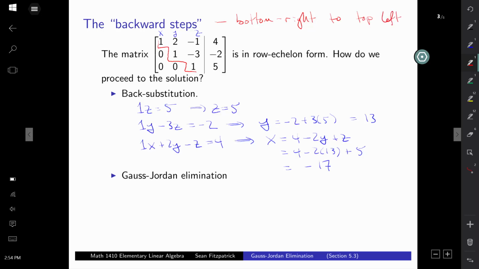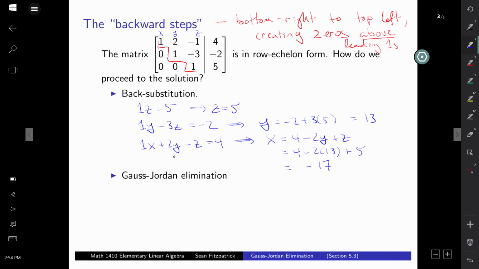We go in the opposite direction. But this time, instead of creating zeros below our leading ones, we create zeros above our leading ones. So we start now not on the leftmost column, but the rightmost column, not the constants, but the rightmost variables column, the leading one that's the furthest to the right.